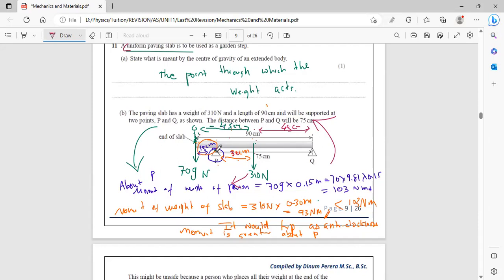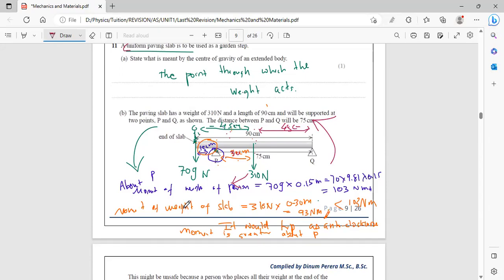So the distance from P to 70 g would be 45 minus 30, which is 15 centimeters. So 70 into 9.81 into 0.15. 0.15 is the distance. So that's 103 Newton meters.